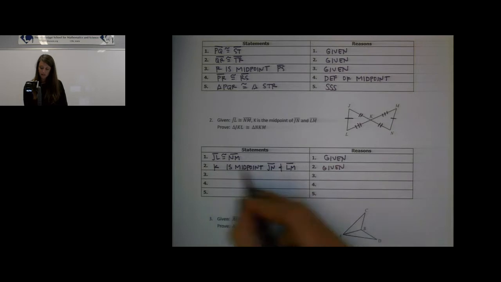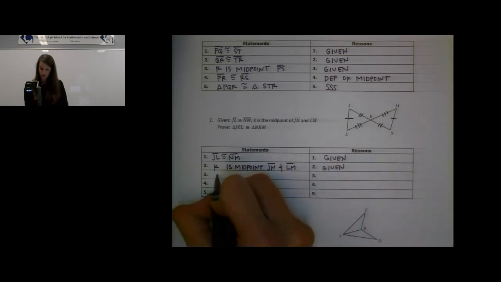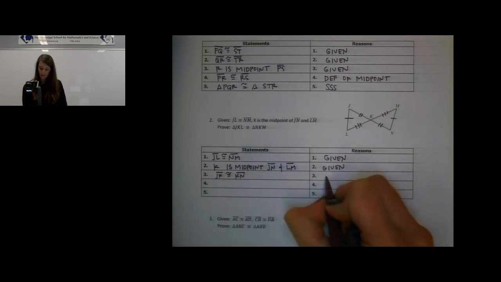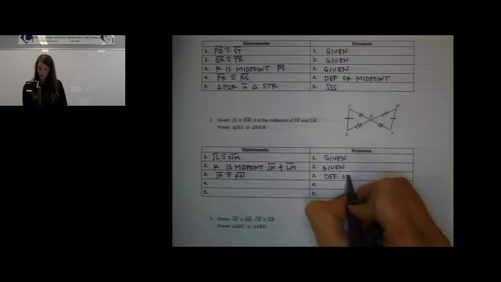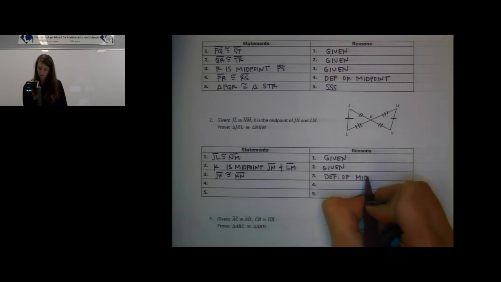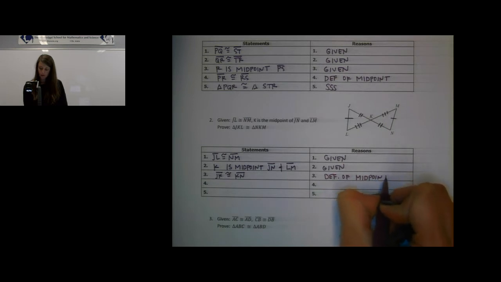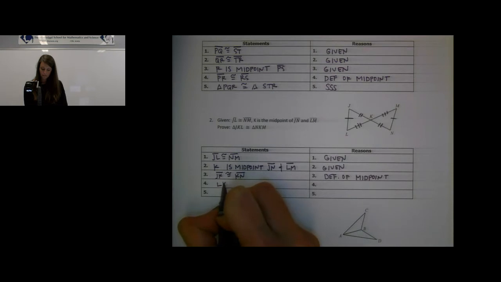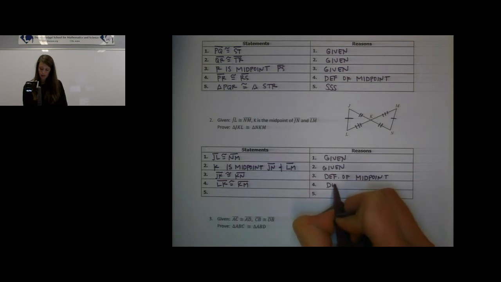By this given, that means that JK is going to be congruent to KN by the definition of a midpoint. Also, LK and KM are going to be congruent by also what? The definition of a midpoint.